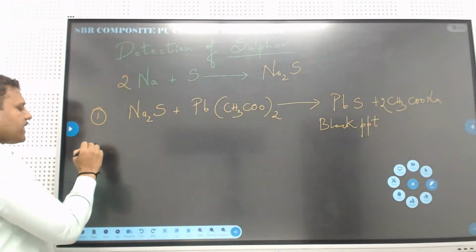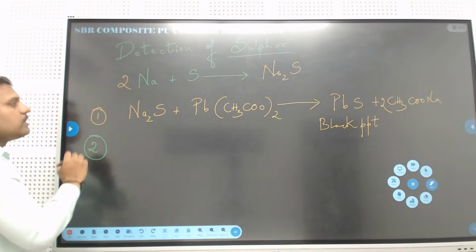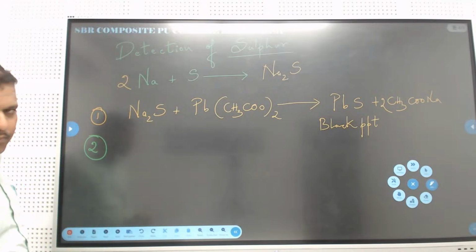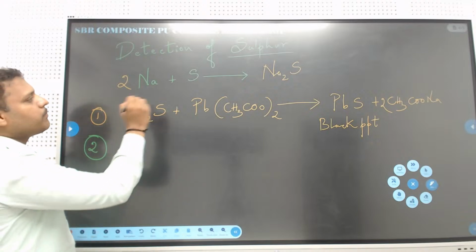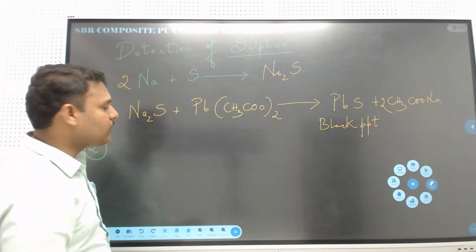One more method is there for the detection of sulfur in the organic compound, and that one is by the addition of sodium nitroprusside.